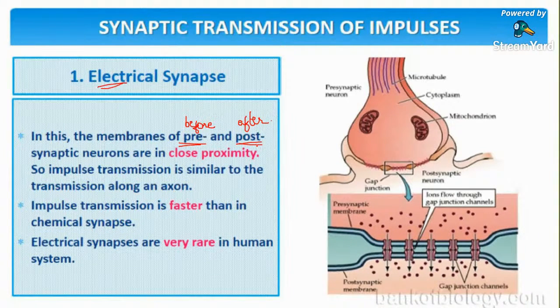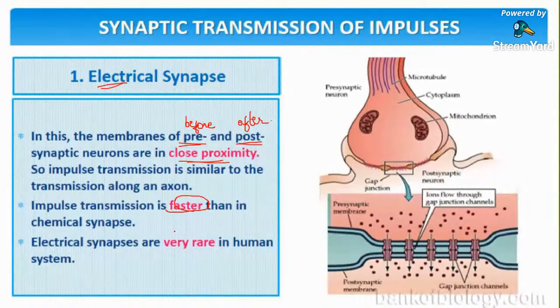The axon endings of the first neuron and the dendrite of the other neuron are in close proximity, so impulse transmission is similar to transmission along an axon. Without any gap, the impulse passes directly to the next neuron. So in this case, the impulse is faster.